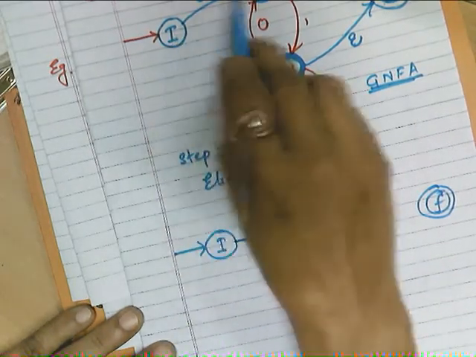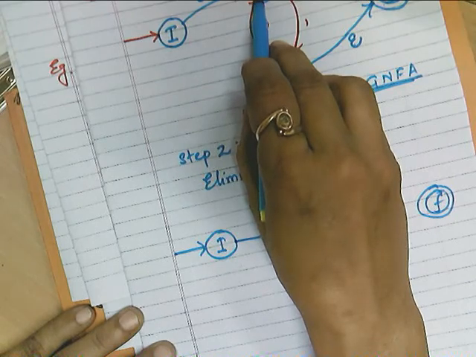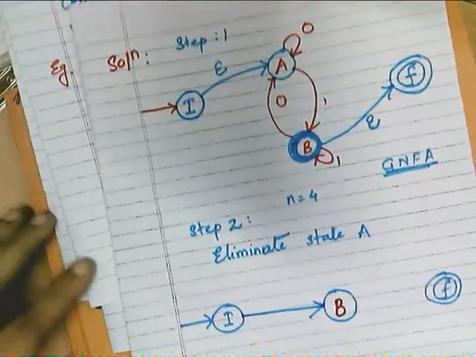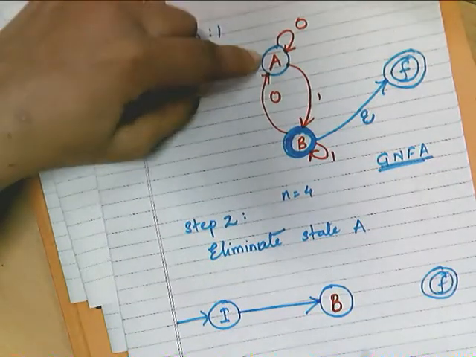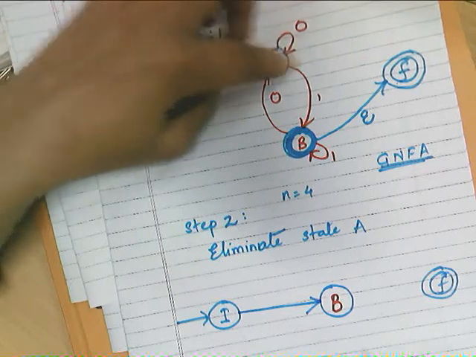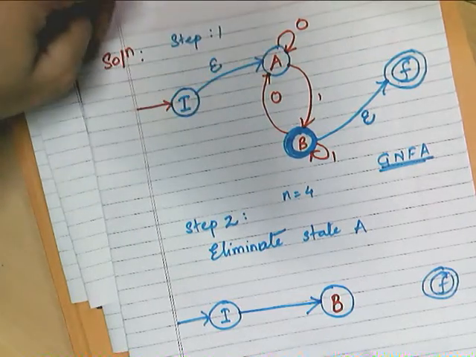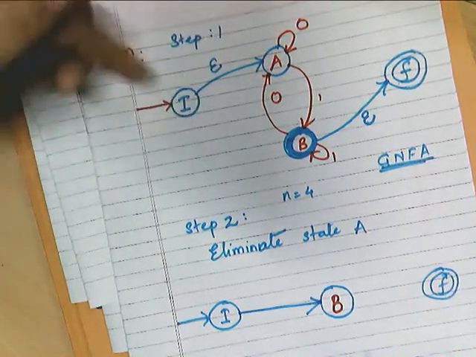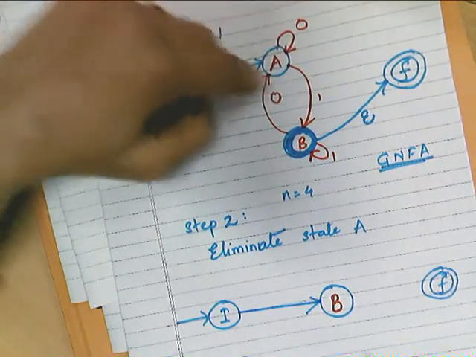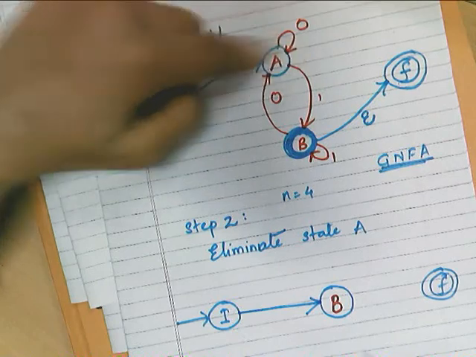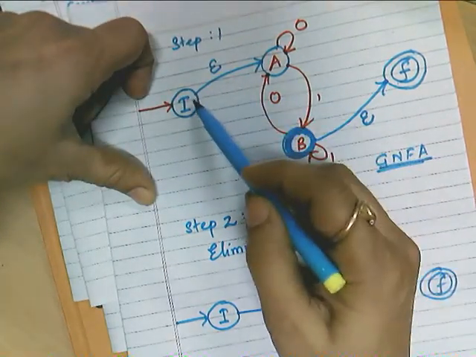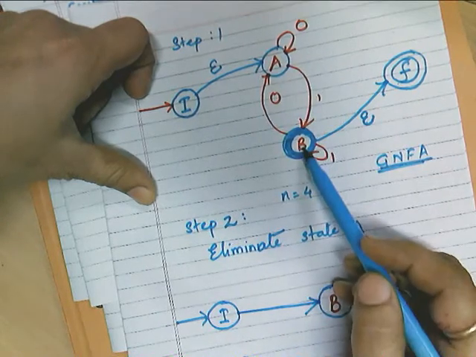From the initial state to A, I am moving with the epsilon move, right? Then since I have eliminated A, the transitions related to it will also get eliminated, and this will affect your final regular expression. So it should not happen. If we are eliminating this, the related regular expression must be maintained. So can I say how I can reach from initial to this B state?